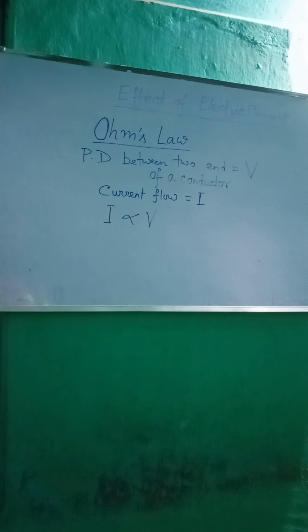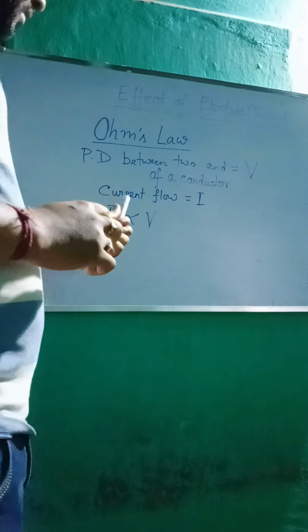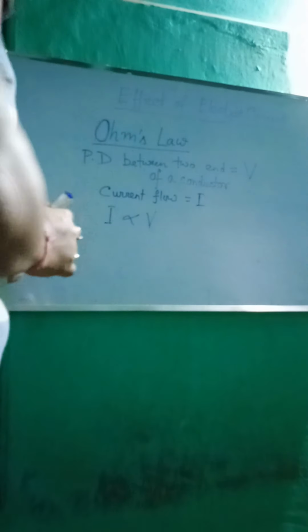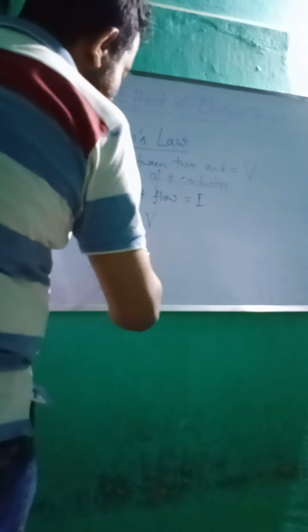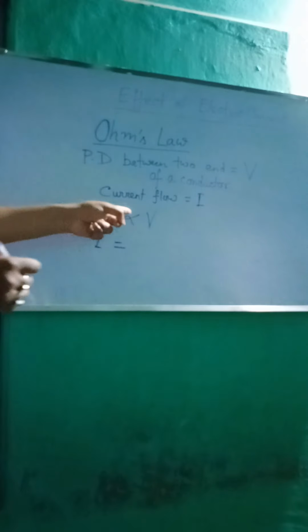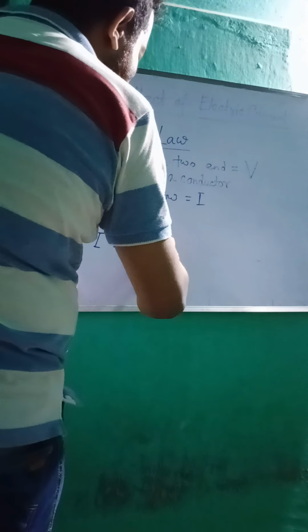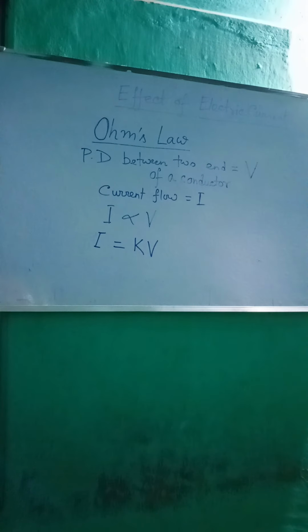Now if you want to replace this proportional sign by the equal sign, then we take a constant k, and I is equal to k into V. K is the constant.